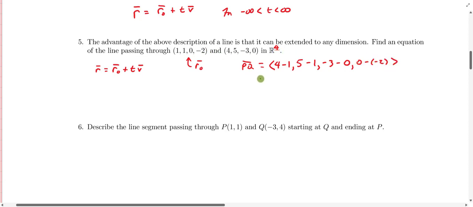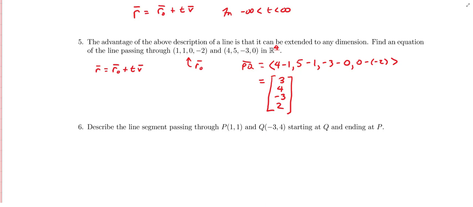That's one way we could write the vector. You're going to see me more and more now start writing my vectors this way, especially when I'm dealing with vector lines and vector planes. So this would be the vector 3, 4, negative 3, positive 2, that is the direction vector.